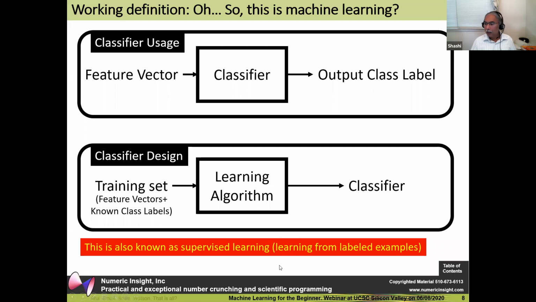Just to make this more concrete, let me throw a few examples at you. I already said email. Email, most of the time, you will find is automatically classified by your Outlook or Gmail or whatever may be your email portal. It's going to automatically classify incoming email into spam or not spam.